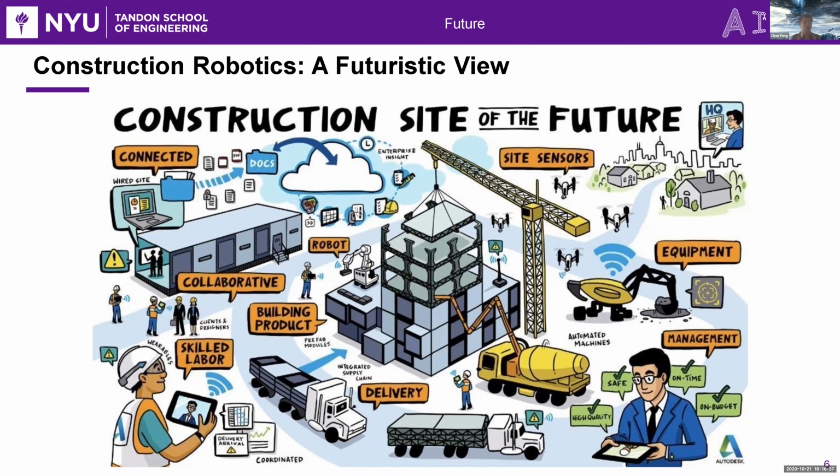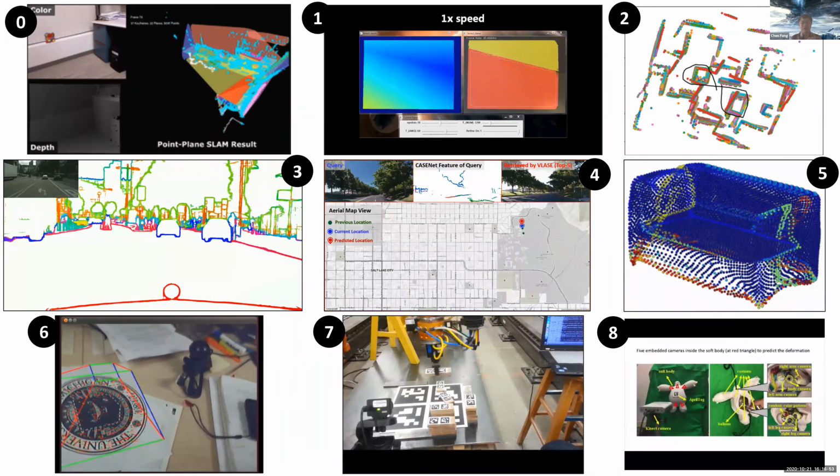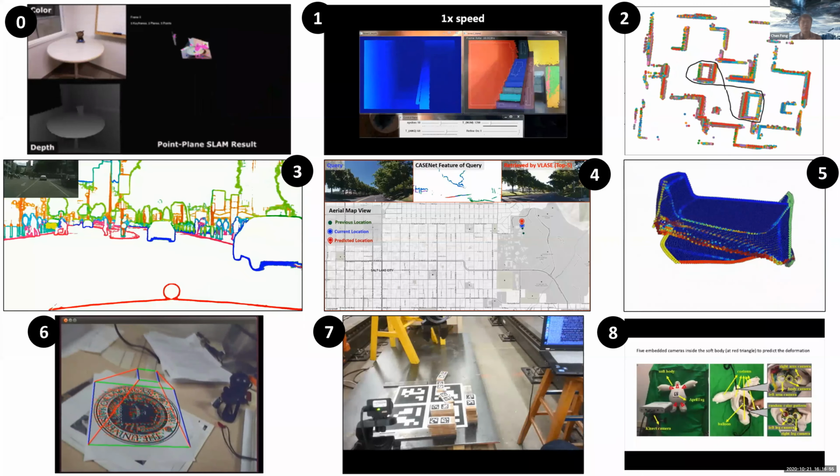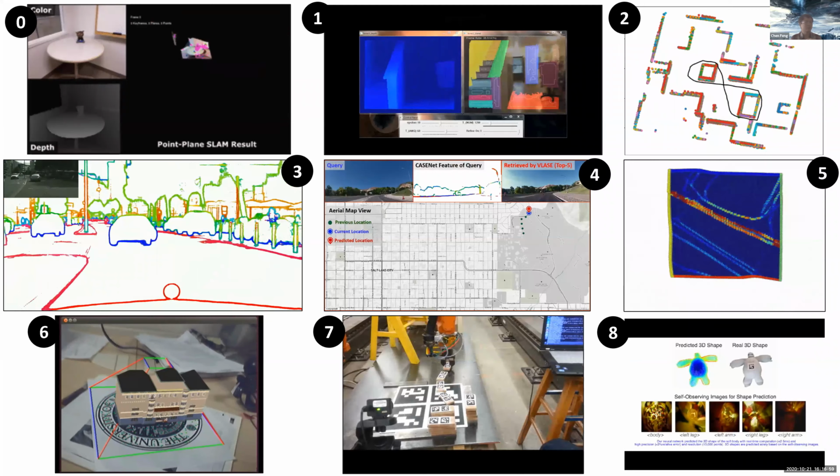Of course, to go from the current state of the technology to this futuristic view, it needs a lot of steps. So in the next slides, I'm visualizing using videos some of the technologies that have been developed in my lab or by myself previously.